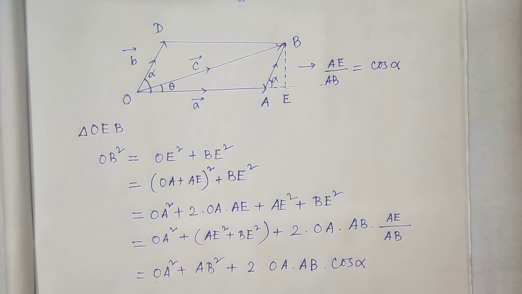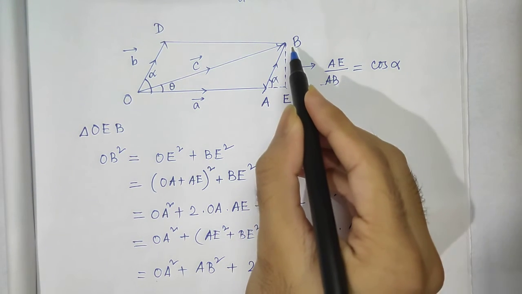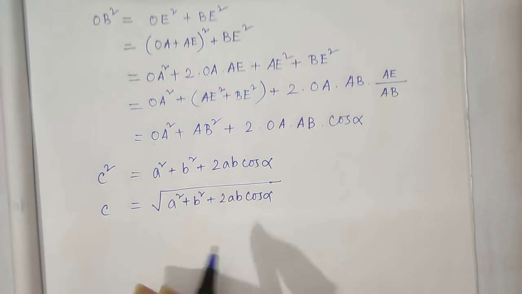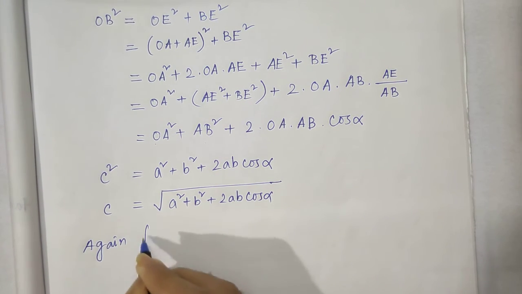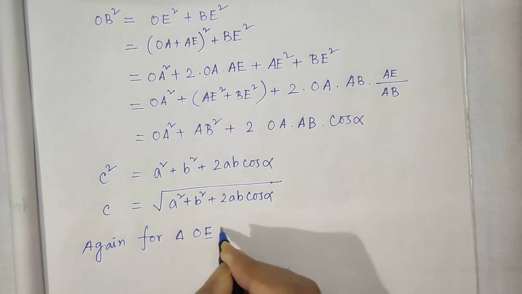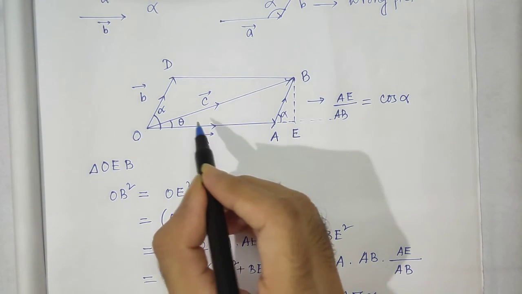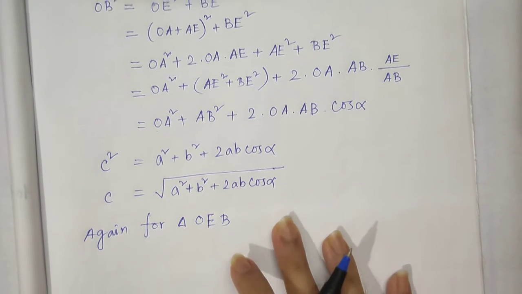So now for the triangle OEB, this triangle, we have to calculate the tan theta. So what is the tan theta?